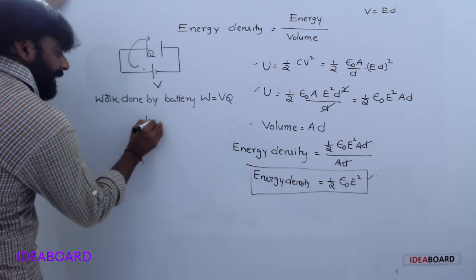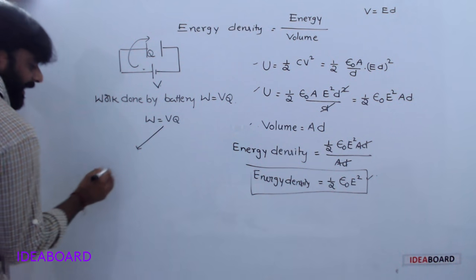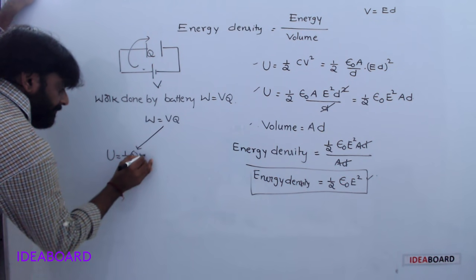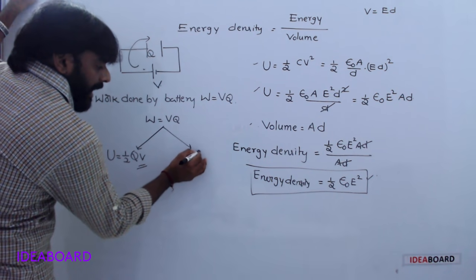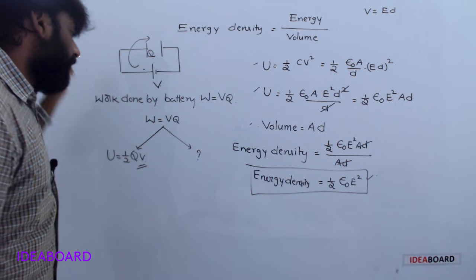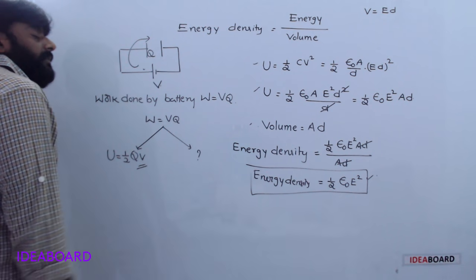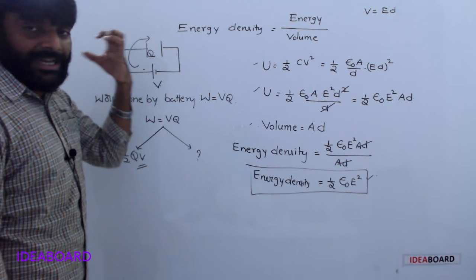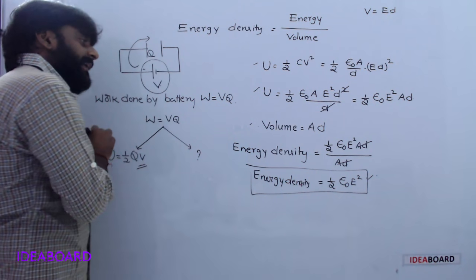You know, in this work done, half of the energy is stored as potential energy. What about the remaining half? See once again, to charge the capacitor, some external work is required. That external work is done by the battery.